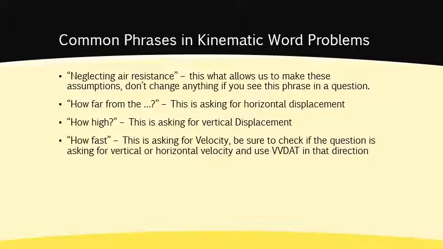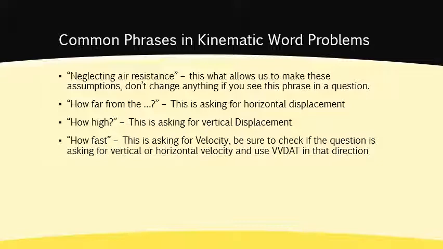Common phrases in word problems. Neglecting air resistance. This is what allows us to make most of these assumptions anyway. So don't change anything if you see neglecting air resistance in a question. How far from the base of the cliff? Position of release.